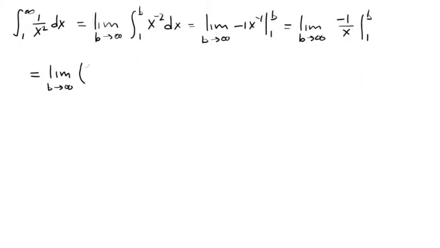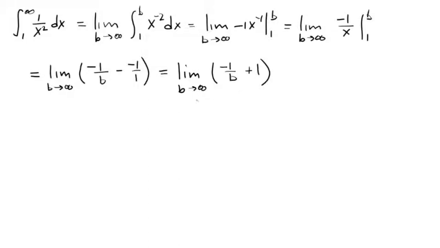Alright, so now this becomes minus 1 over b minus, well, let's write it in, minus a minus 1 over 1. Alright, so this is the limit as b goes to infinity of minus 1 over b plus 1. Alright, and if you recall from Calc 1, if I take the limit as b goes to infinity of 1 over b, I get 0. So this becomes 0 plus 1, which is just 1.